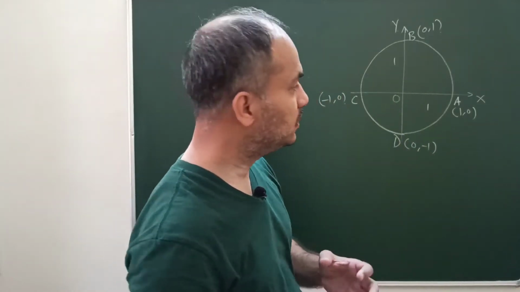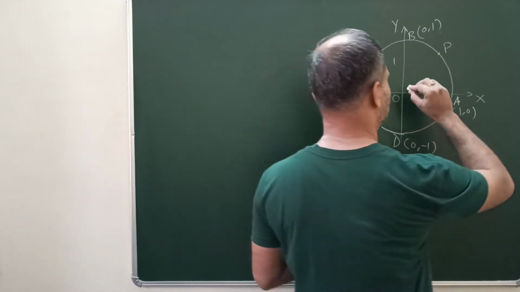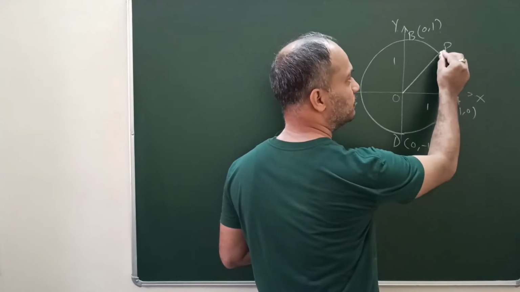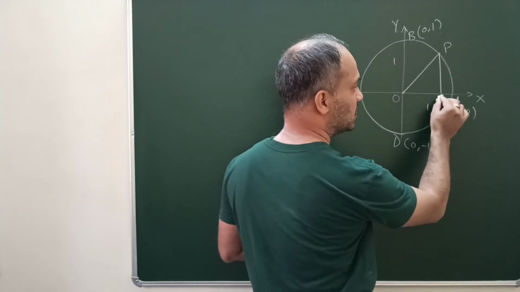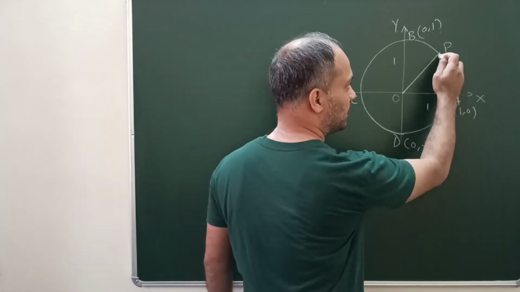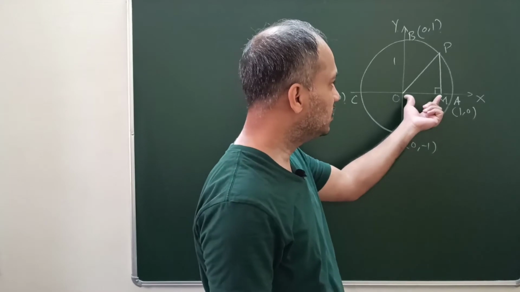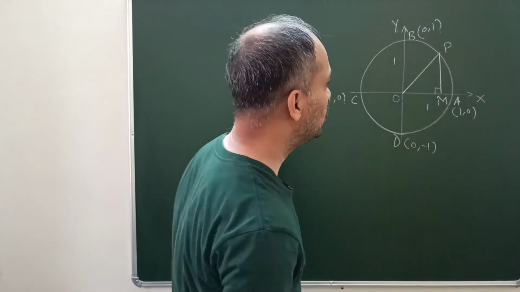Now we consider a point P on the circle such that the distance of this point P from the x-axis is equal to OM. So PM is perpendicular to the x-axis, and we choose this point P in such a way that OM and PM are equal.